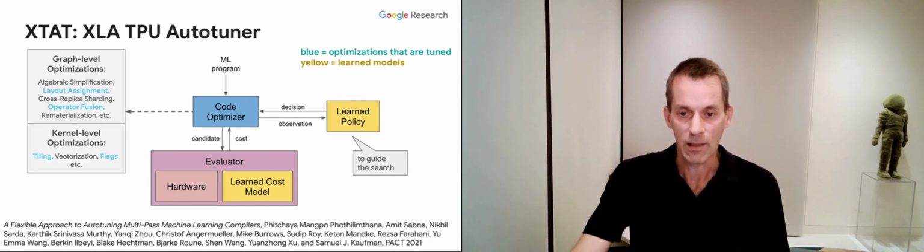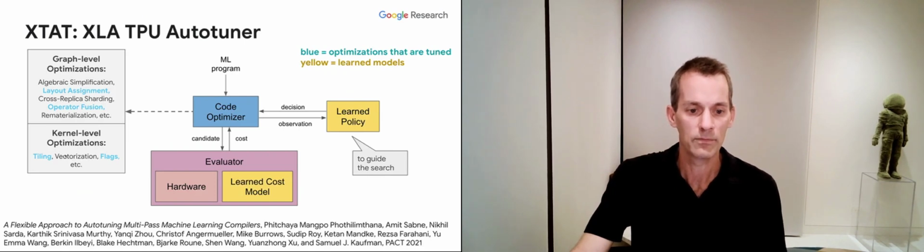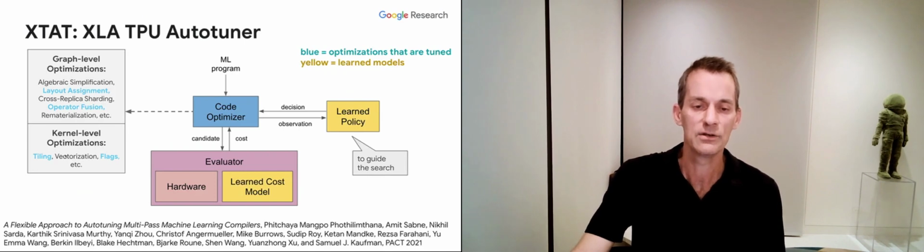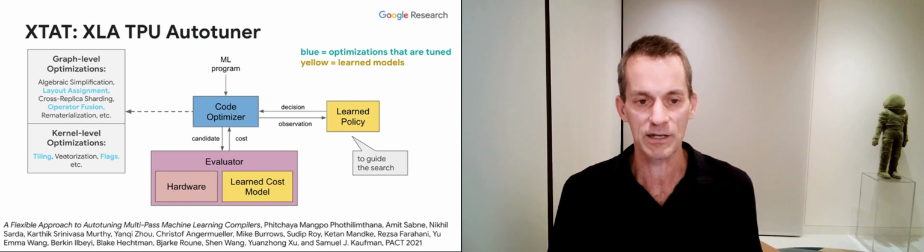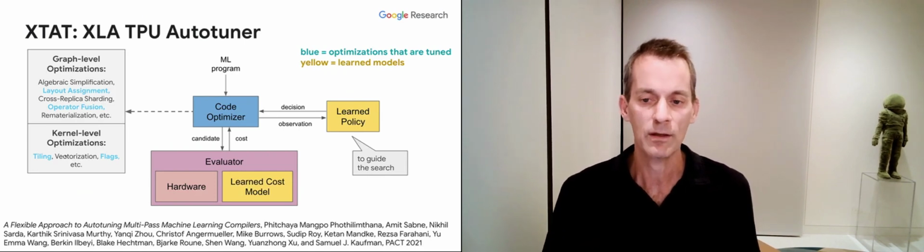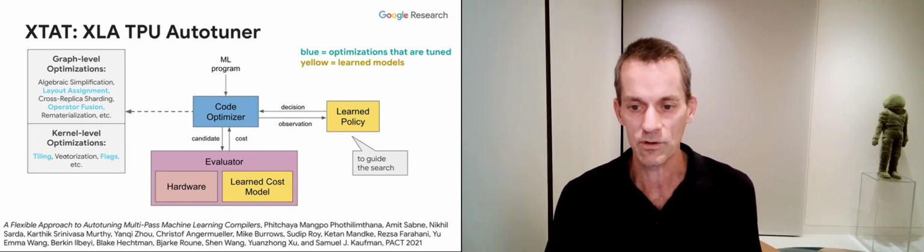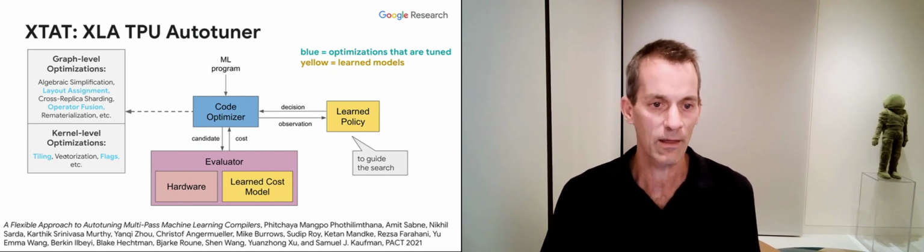ML computation. So there's a lot of problems in ML compilers that are really interesting. Some of my colleagues published a paper that tried to do auto-tuning for the XLA compiler that maps ML computations expressed in TensorFlow or JAX down onto the actual TPU chips and makes decisions about lots of different things.